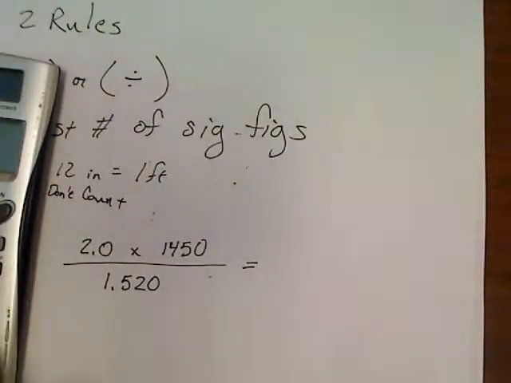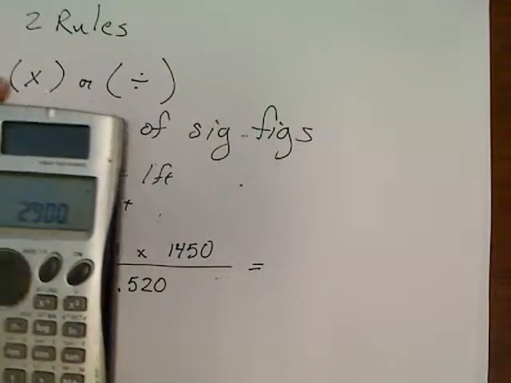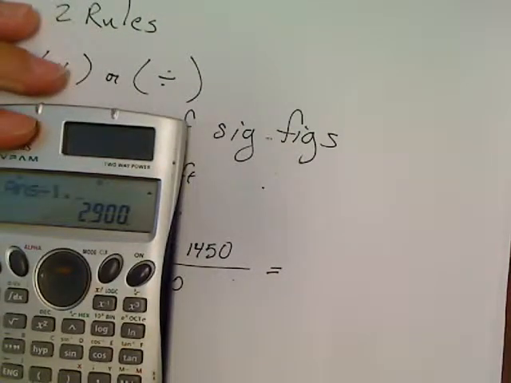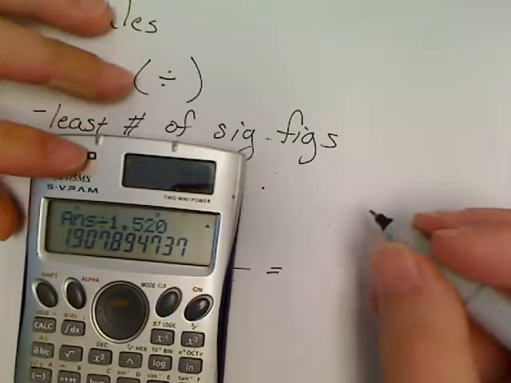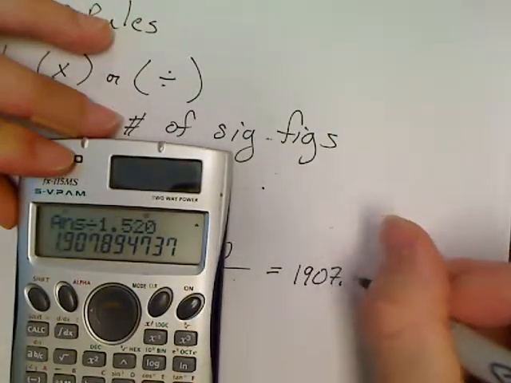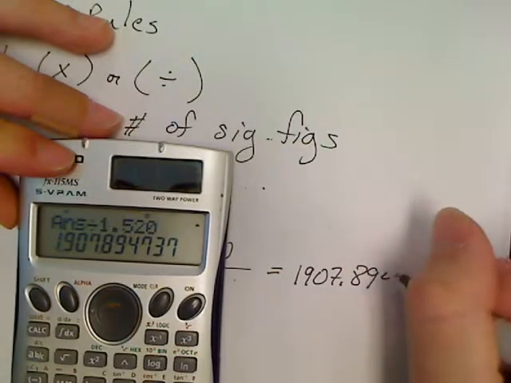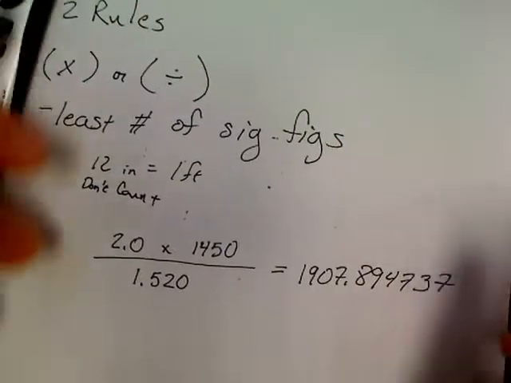We can take our calculator, 2 times 1450 divided by 1.520. And look at that big long strand of numbers. The calculator says 1,907.894737.